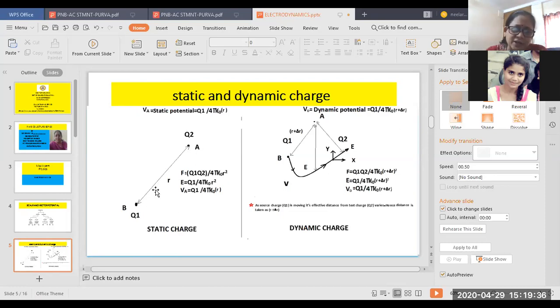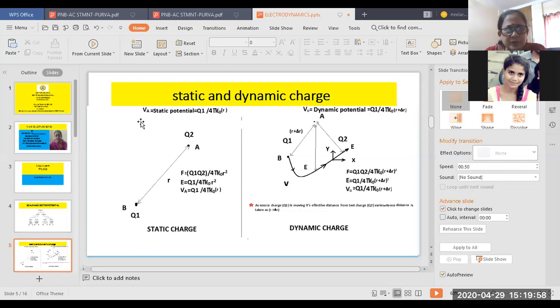Let us say both are similar charges. What will happen? Q2 will get repelled by Q1. That means when it moves nearer to Q1, it gets more potential energy. If it moves away from Q1, it gets less potential energy. The same thing happens for all the points surrounding Q1.